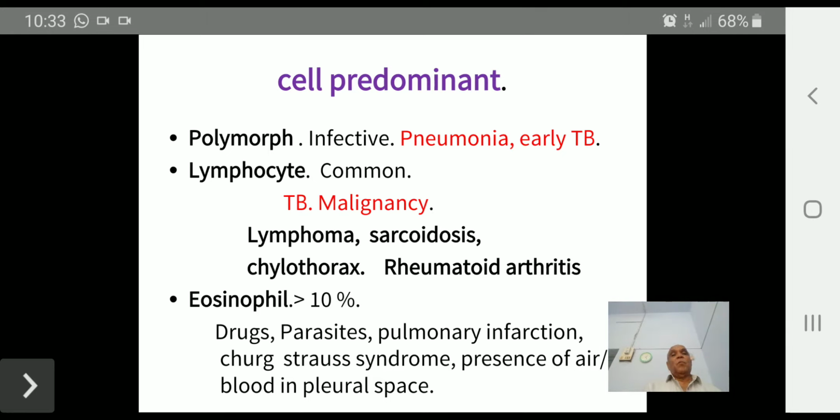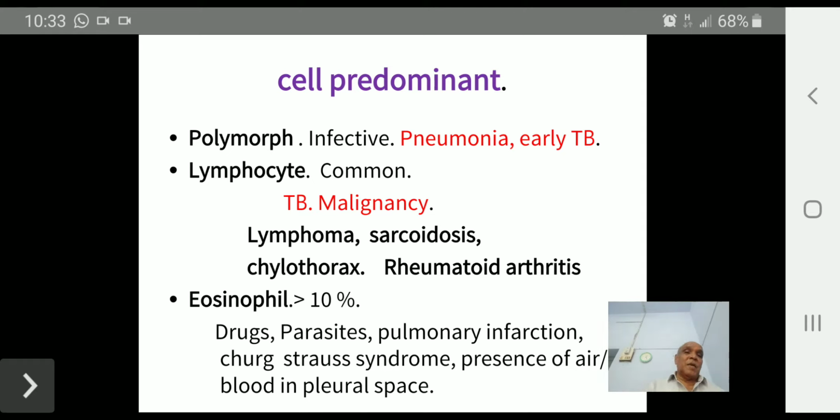When there is lymphocyte predominance, we will think about tuberculosis, and second, malignancy. Other causes of lymphocyte predominance are lymphoma, sarcoidosis, chylothorax, and rheumatoid arthritis. Polymorphs and lymphocytes are more commonly seen, so we should focus on polymorphs and lymphocytes.